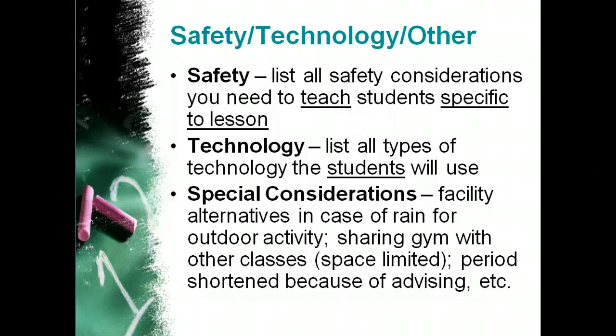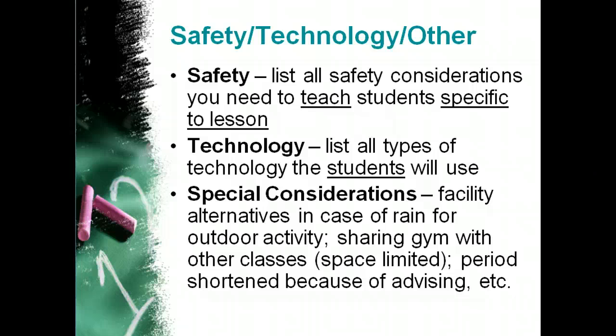All right. This is the place where you need to put safety considerations specific to that lesson and what you are going to teach the students about that safety. This is important because of legal liability reasons. That's why we ask you to put these things on your lesson plans. That's another good reason for physical education teachers to actually write lesson plans.